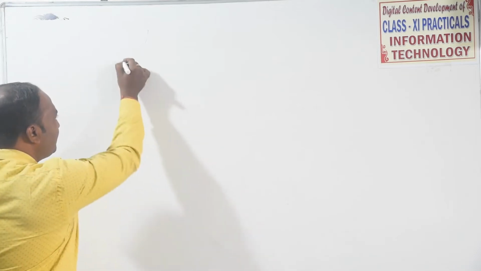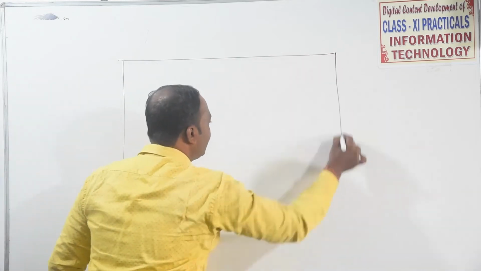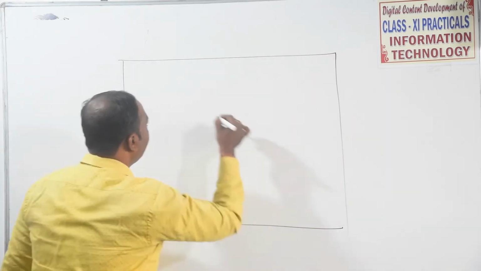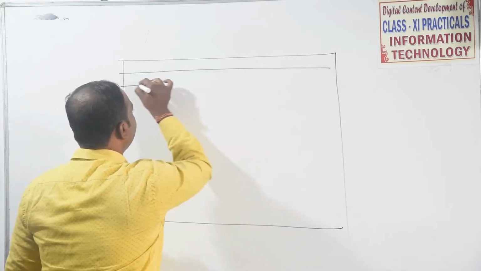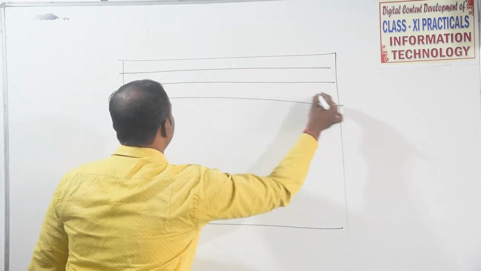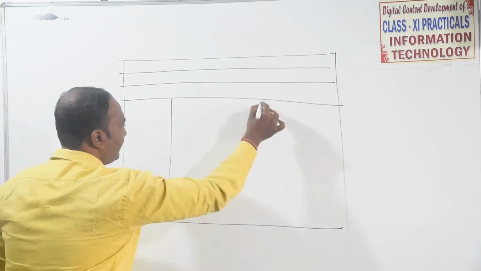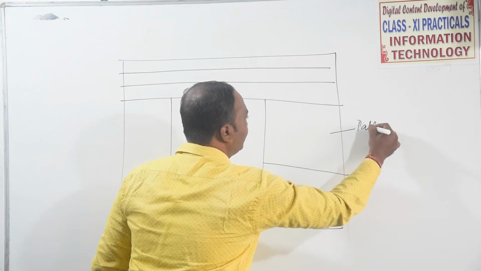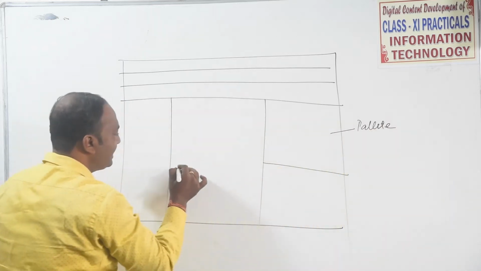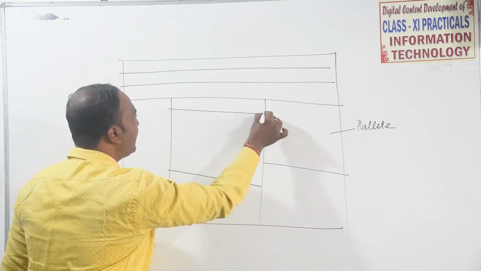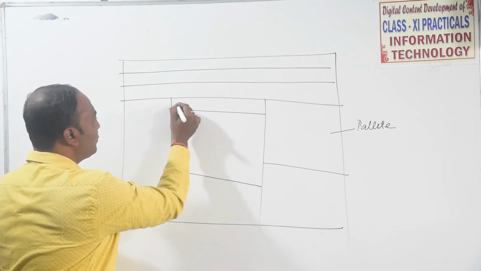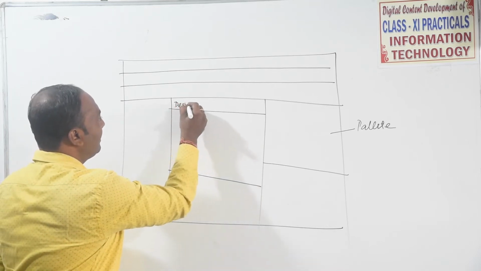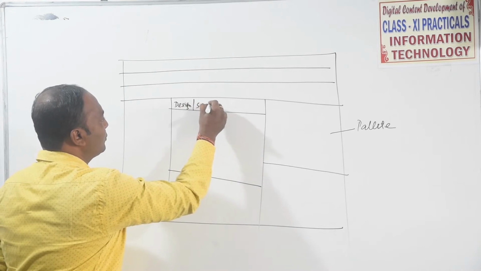In Java, the total environment is like this, in which this is called the palette window, and this is the window where we have to make the design and write the code. This is the design and source.